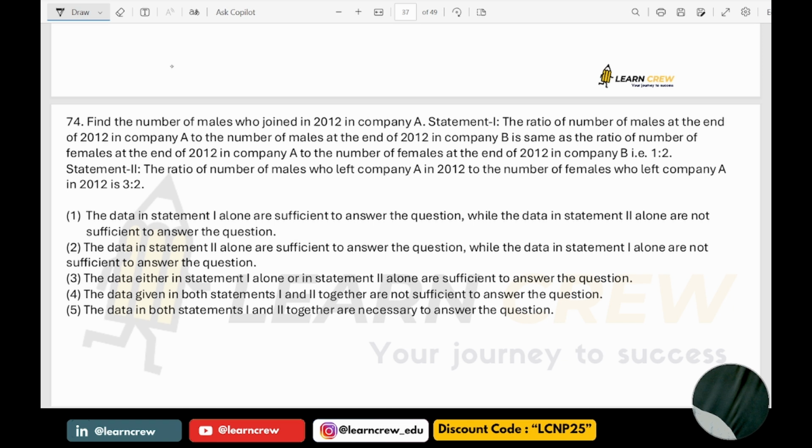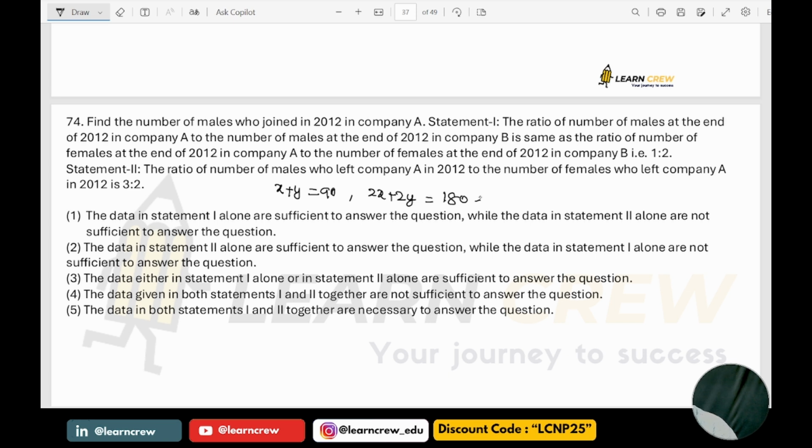So what I can say, x plus y is equal to 150 minus 60, 90, and 2x plus 2y, which is 240 minus 60, which is 180.